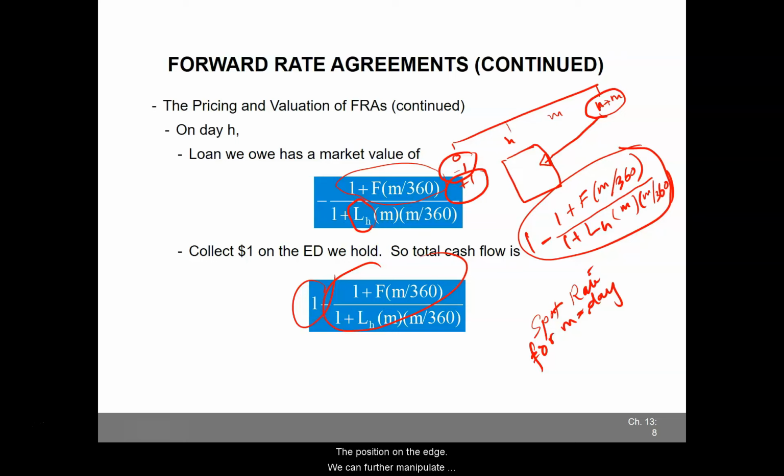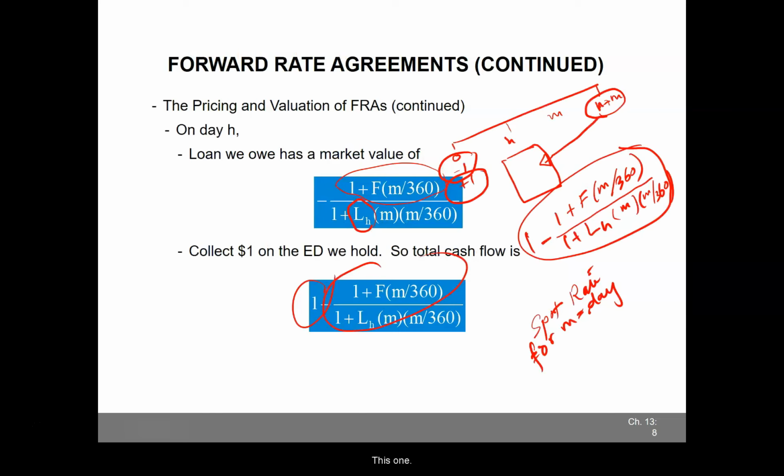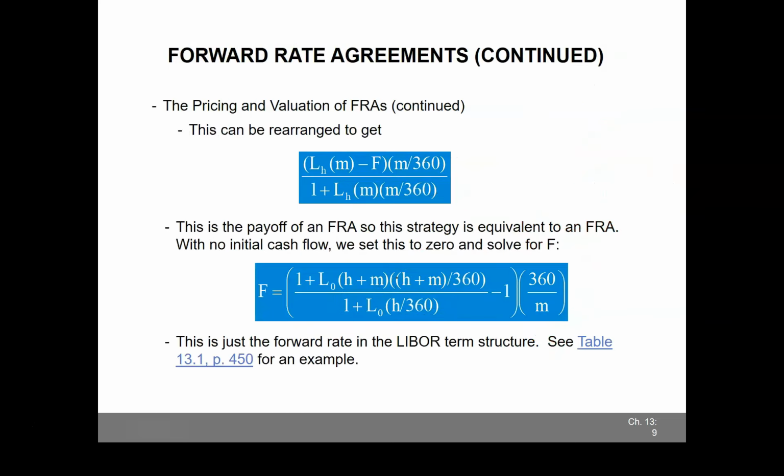Now we can further manipulate this if you look at it, and let's go to the next slide. So you see here we can rearrange the expression here as this. Now it's readily doable because you see we have 1 minus (1 plus F M/360) divided by (1 plus L_H M/360).